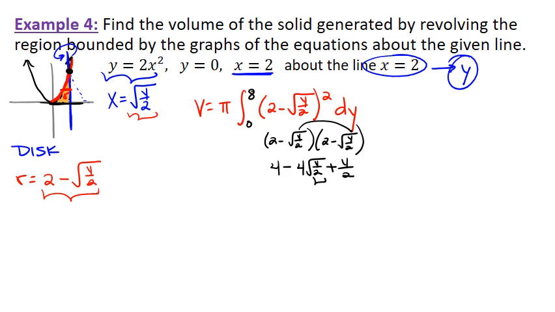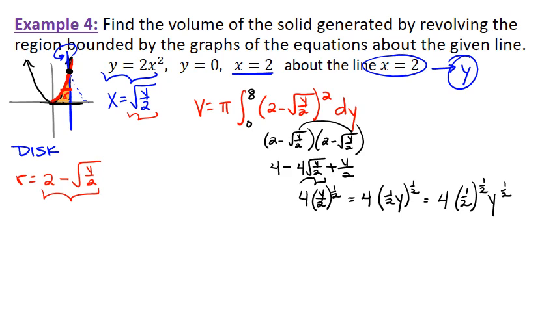Now you might want to rewrite this as 4 times y over 2 to the 1/2 power. That might help you a little bit. You can look at this as 1/2 times y to the 1/2 power, which is 4 times 1/2 to the 1/2 times y to the 1/2. Well, this is just a radical.